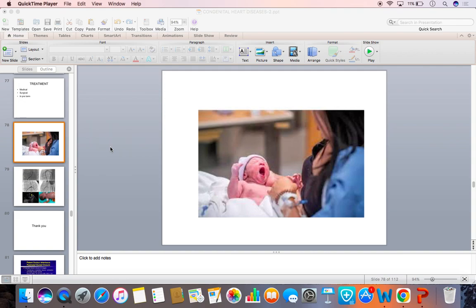But it should close soon after birth in order to avoid the complications resulting from the left to right shunt at the ductal level, resulting in the congestive heart failure and the consequences. So this newborn is taking indomethacin as a treatment for patent ductus arteriosus.